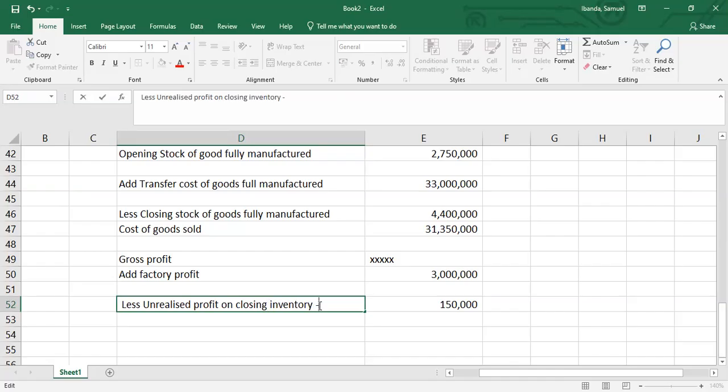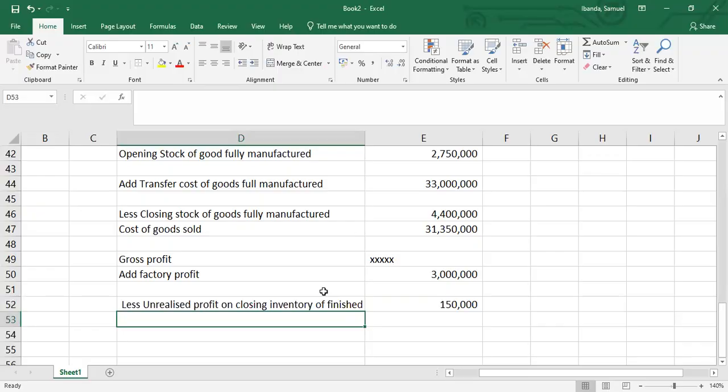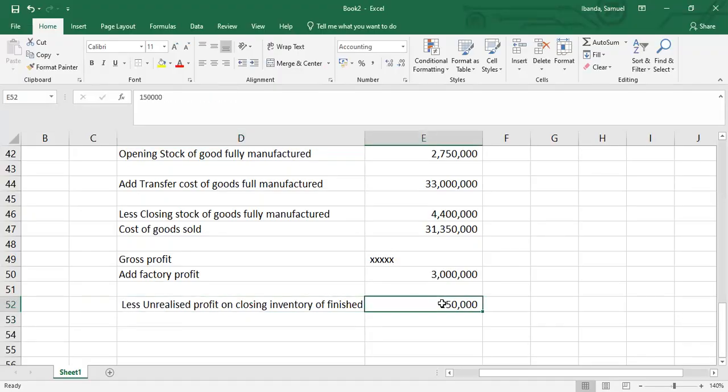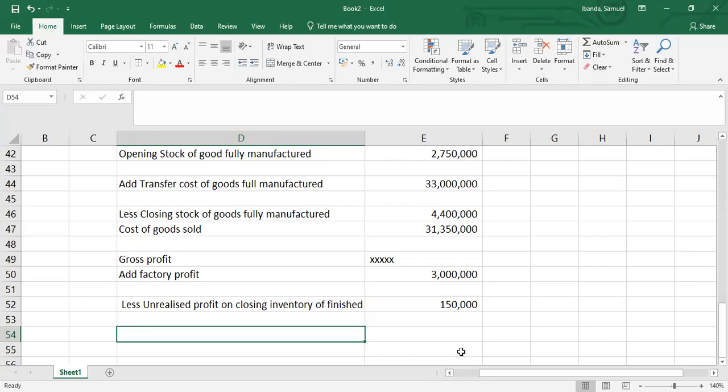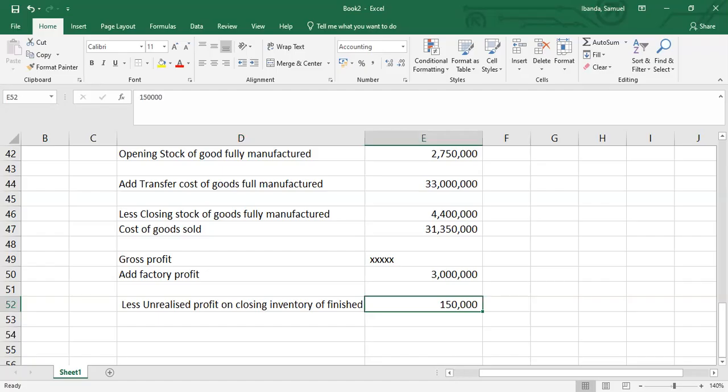The reason why, when it comes to the manufacturing account, we keep saying finished goods is because we also have inventory in raw materials, okay? So it's good to distinguish the two things, even in the exam. Once we have done that, we should be able to determine our overall net profit, in case we also had other expenses that we should deduct, okay? But just to understand, this is just an extract.